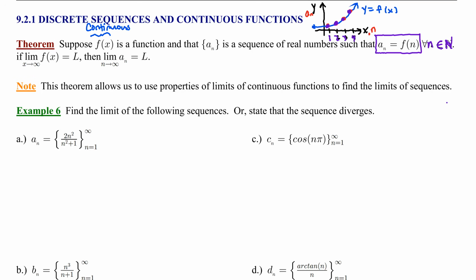It turns out that the long-term behavior of the sequence is similar to the long-term behavior of the function. Thus, if the limit as x approaches infinity of f of x, the continuous function, equals L, then the limit as n approaches infinity of the discrete sequence a sub n is also equal to L. So the ultimate destination of the continuous function is the same as that of the discrete sequence.